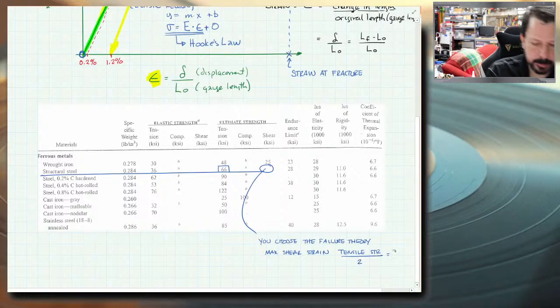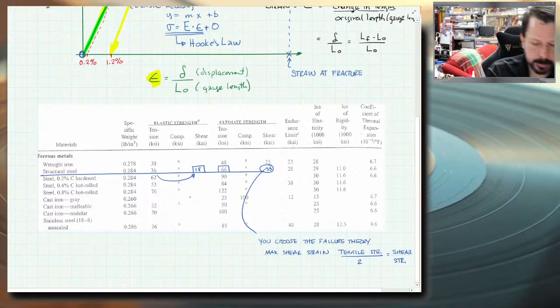That's going to equal the shear strength. So for us, our shear strength, if we use this failure theory, is going to be 33 KSI. If I want the yield shear strength, I take half of the tensile yield number, 36, and I'll have 18.